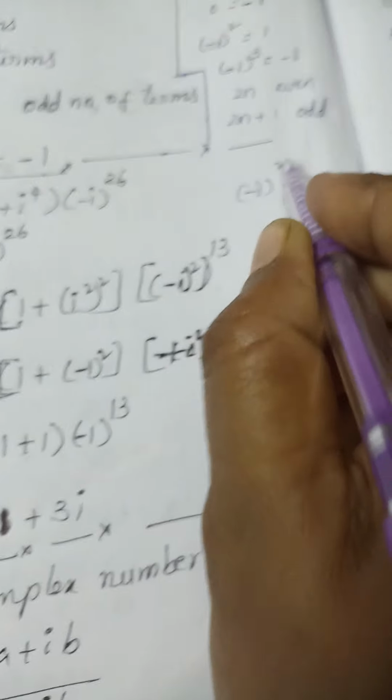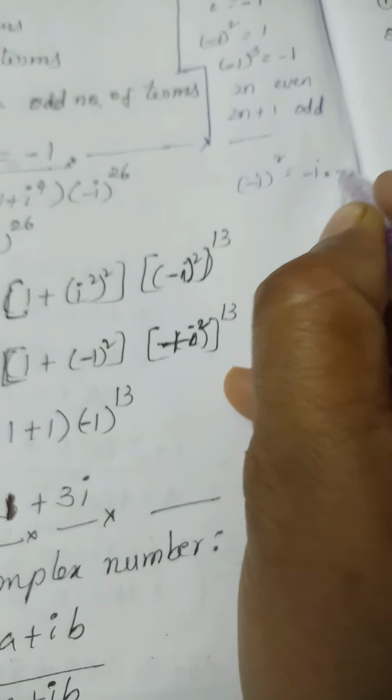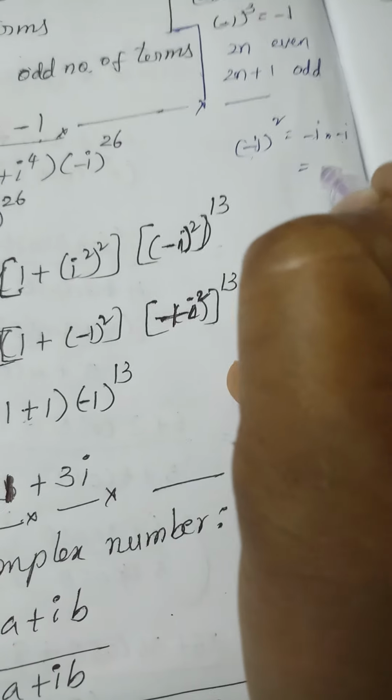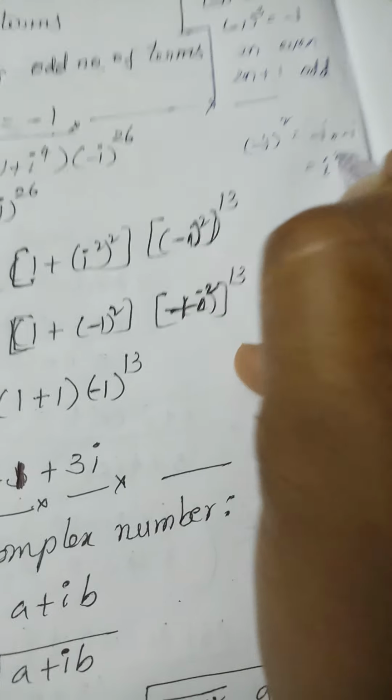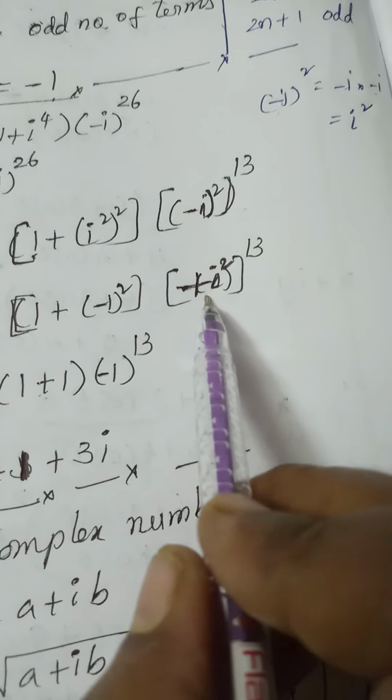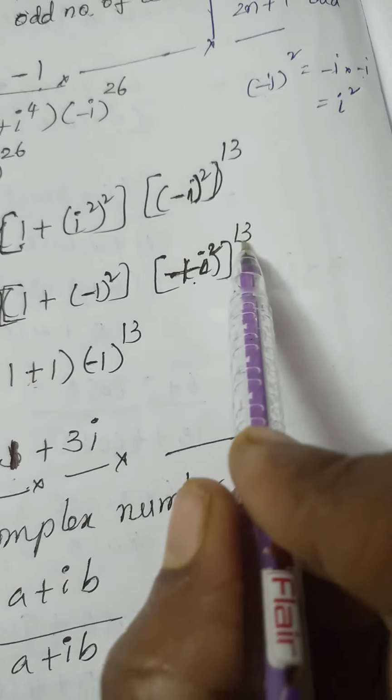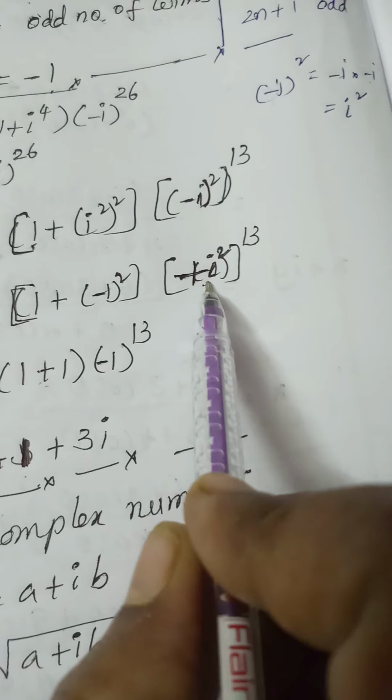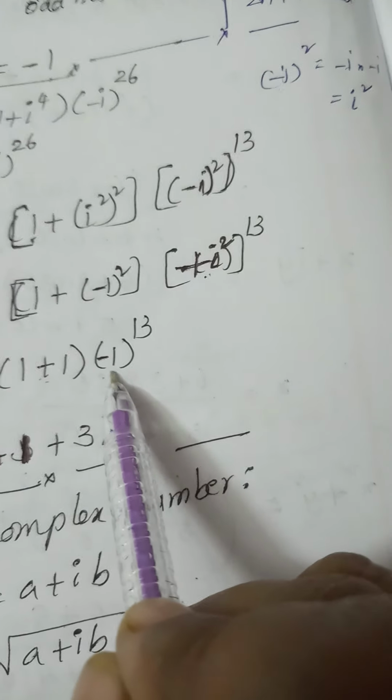Minus i square means minus i into minus i. Minus into minus plus, i into i will become i square. So here this value is i square whole power 13, and i square value is minus 1 whole power 13.